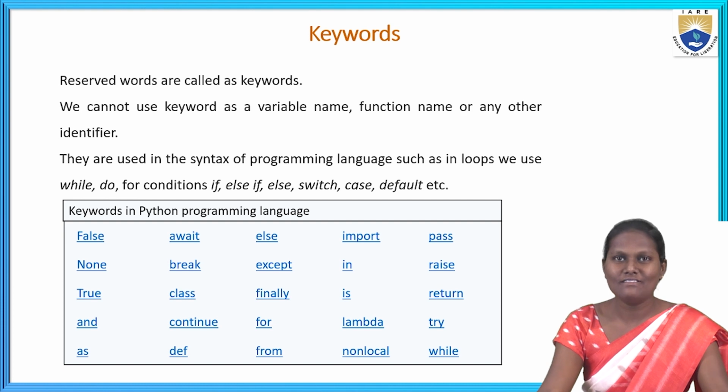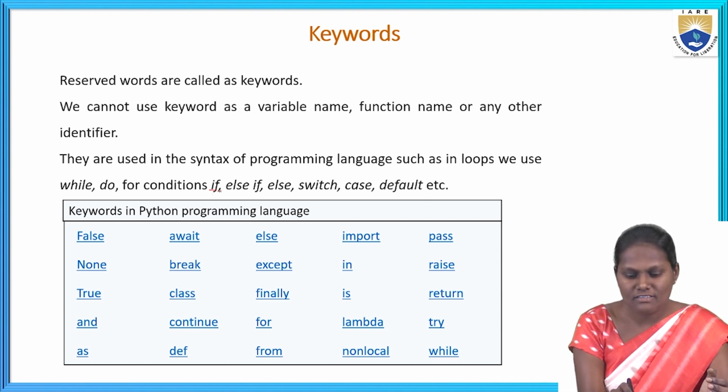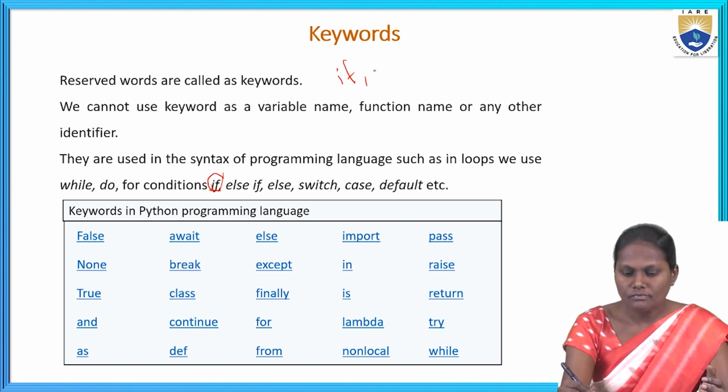Next, coming to the keywords. Reserved words are called keywords. In the previous slide I already told you, keywords are not used as identifiers. What are the reserved words? If is a reserved word, it is also a keyword. So this reserved word if, else if, okay?